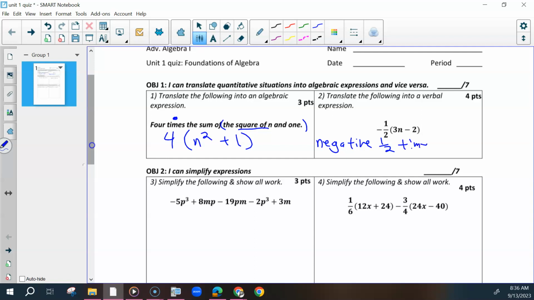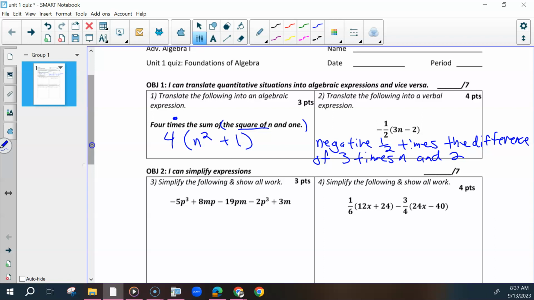Times the difference, we have to say that we're multiplying to everything, of 3 times n and 2. So negative 1/2 times the difference of 3 times n and 2. That says negative 1/2 is multiplied to everything. 3 is being multiplied to n, and 3n is subtracting 2, or 2 is being subtracted by 3.